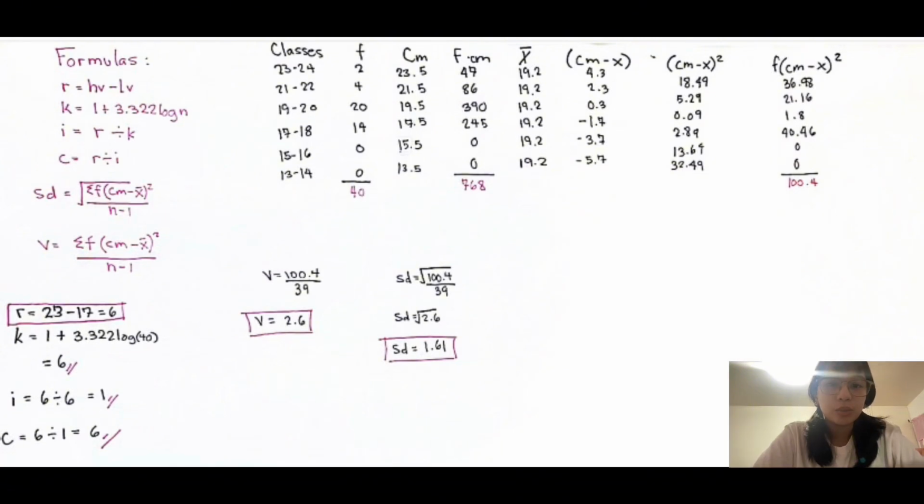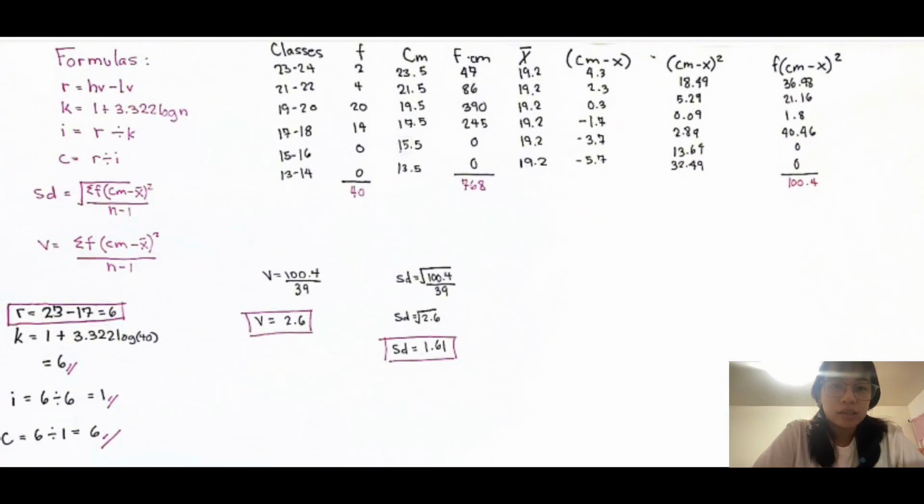So here we have 2 times 18.49, we will have 36.98. And then we have 4 times 5.29, and we will have 21.16. 20 times 0.09, we have 1.8, and we continue until we finish it all.